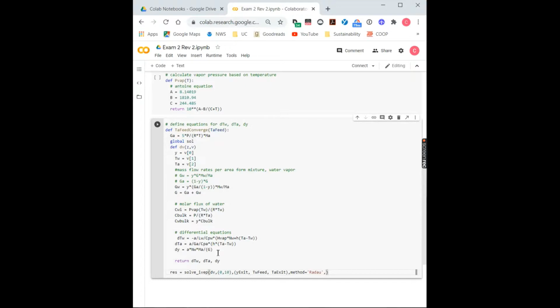The method used is the Radau method, and we have dense output as true.